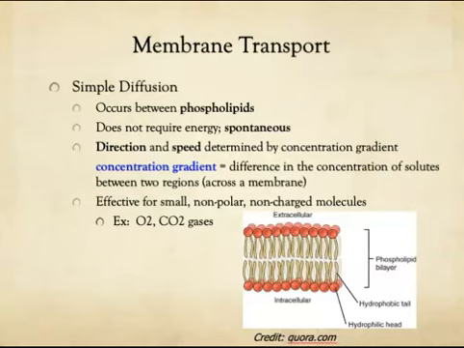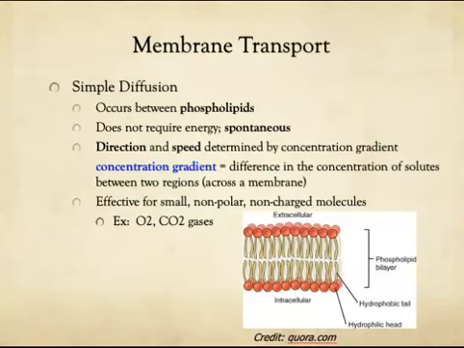And if there is a difference in concentration of some dissolved particle, some solute, then we have a concentration gradient. And at least the possibility exists for simple diffusion. The direction and the speed will be determined by that concentration gradient.